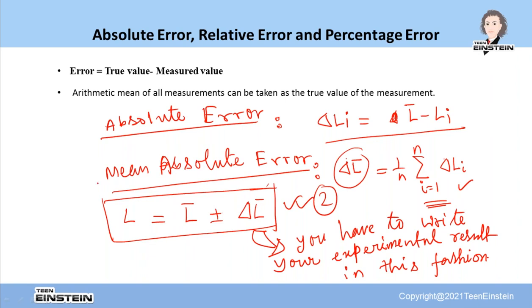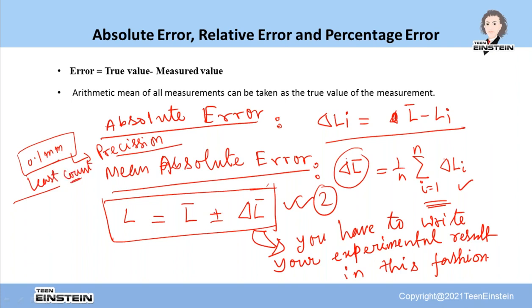If you are just using a meter scale, you have millimeters, so you can measure 0.1 millimeter. This is called the precision of your measurement. Sometimes the precision itself or the least count will be this absolute error.